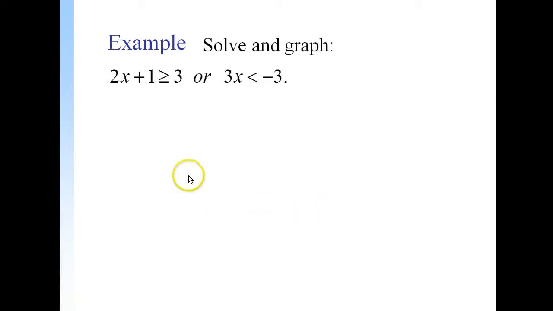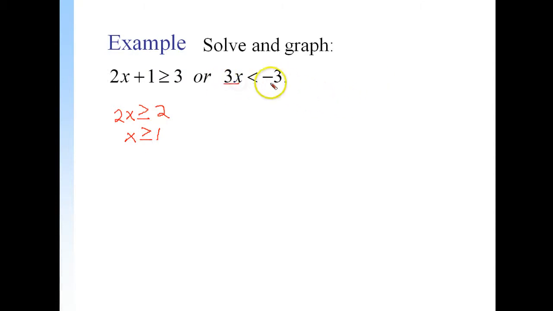Okay, so let's solve and graph this as we did before. Now this is going to be 2x is greater or equal. Transpose that becomes a -1 and a +3. Give me a 2. Divide both sides by 2. X is greater or equal to 1.